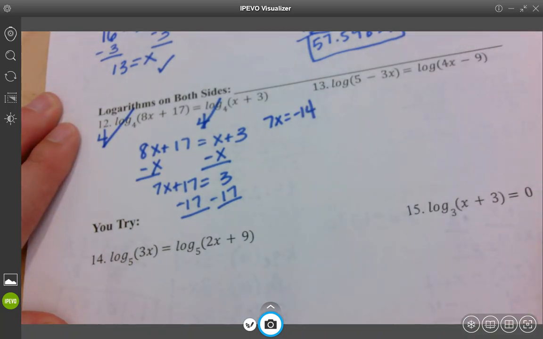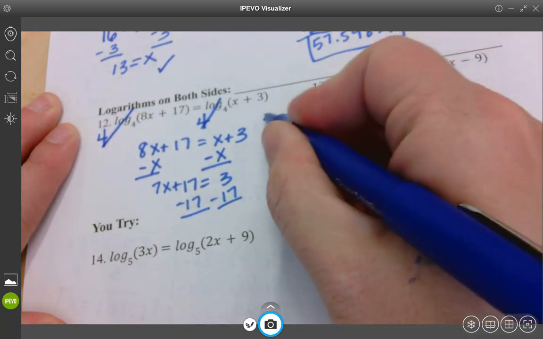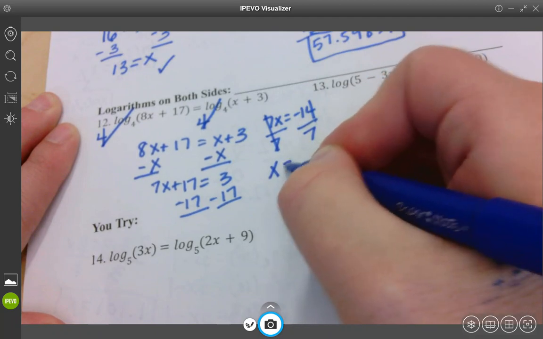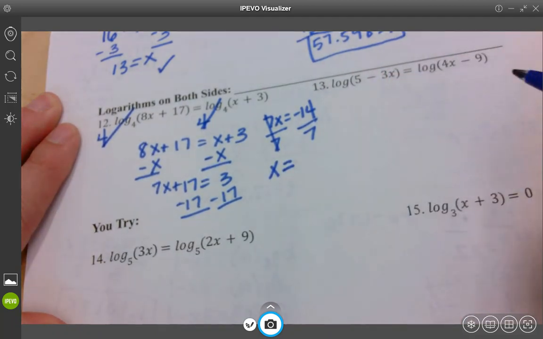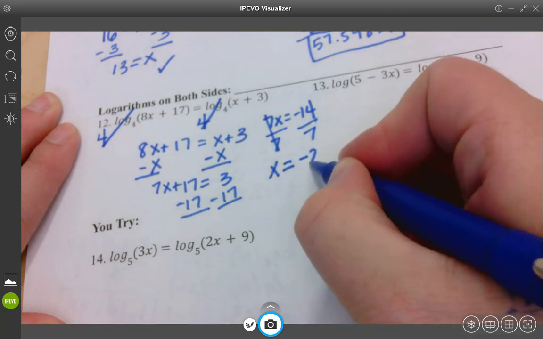And then how do I get rid of the 7? Divide. Good. What kind of 2 do I get? I'm getting a negative 2.